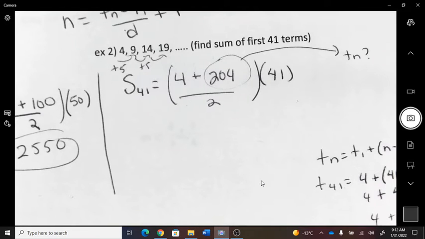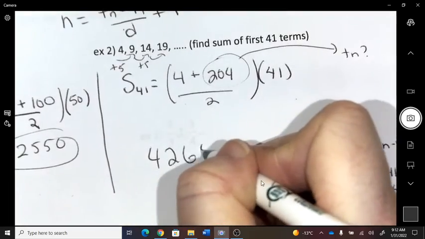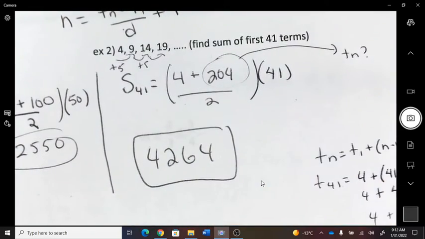Okay, so can you type that in now? You try typing it in with the proper order of operations, and let's see if we can get something to match. 4264.